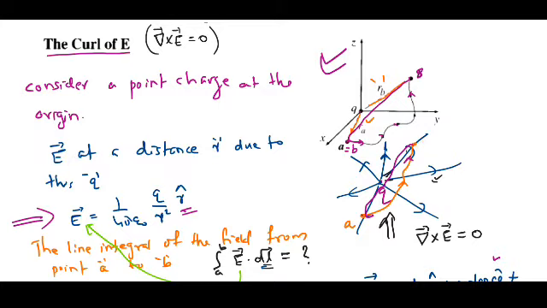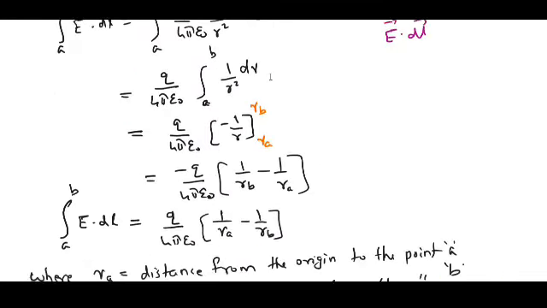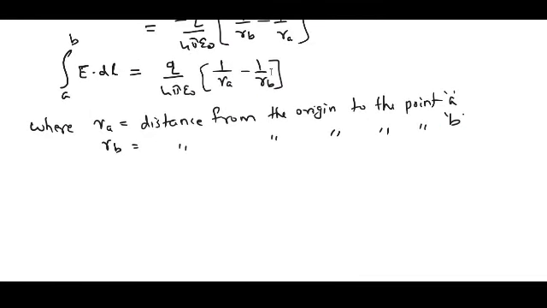That is, if I take the closed line integral starting from the point a, I will go like this and come back. The point a and b will be at the same place. If a is equal to b, then ra is equal to rb. That is, if I take the closed loop, ra is equal to rb.